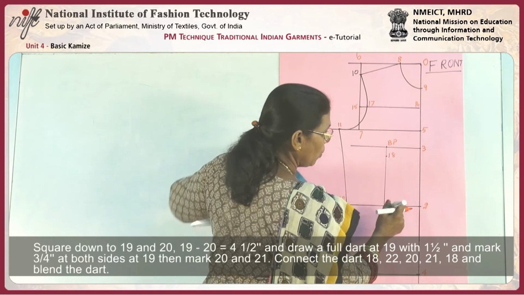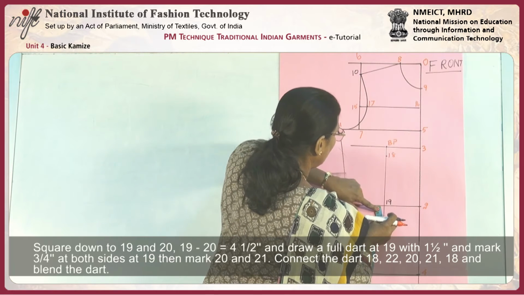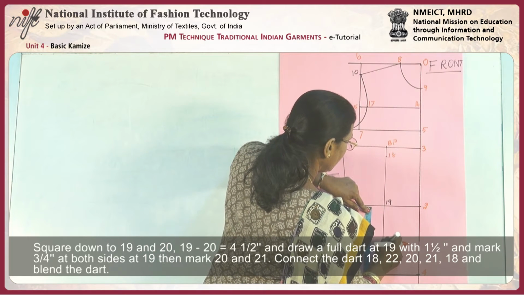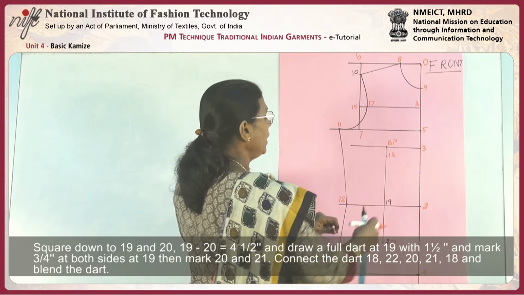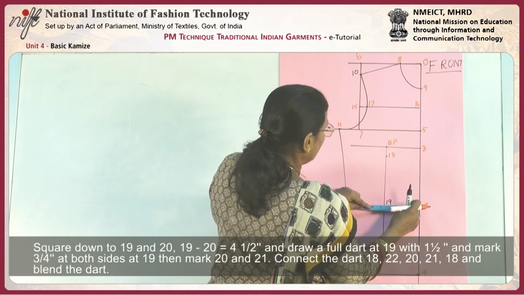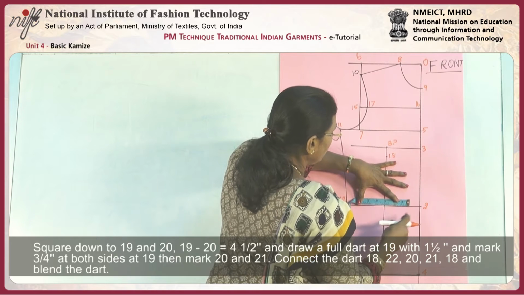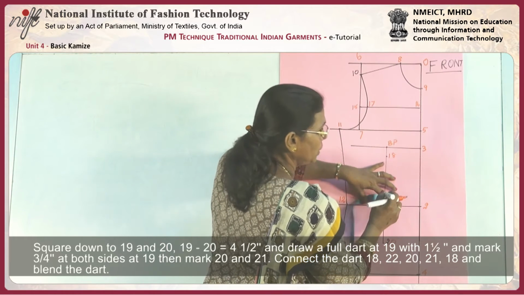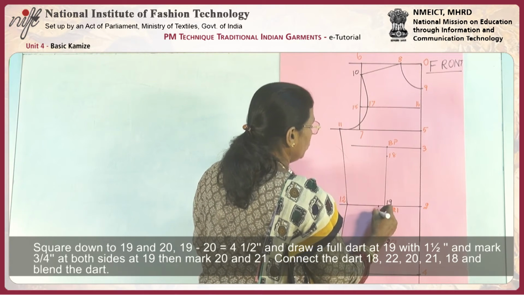And this point is squared to 19, 20. 19 to 20 is 4.5 inches. And the dart intake is 1.5 inches, which should be marked 3/4 and 3/4 on both sides, and mark 21, 22.